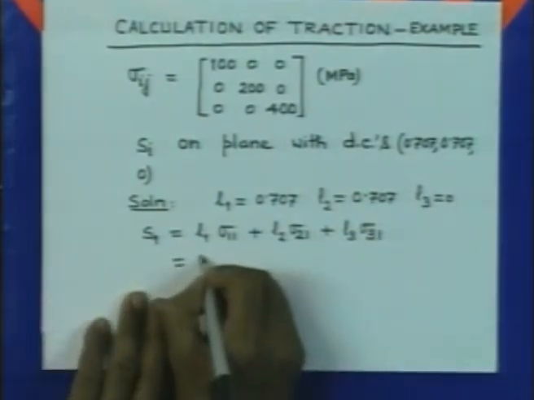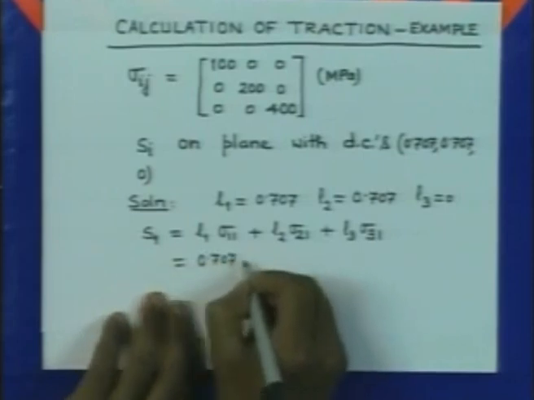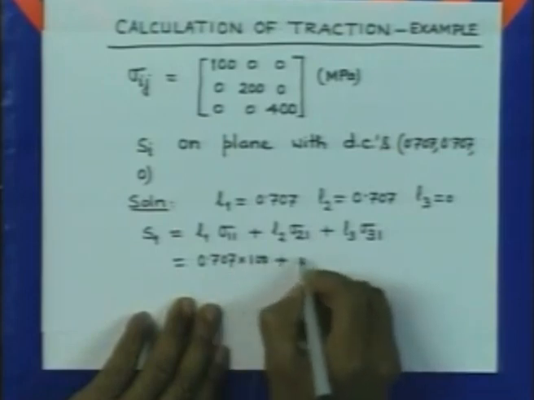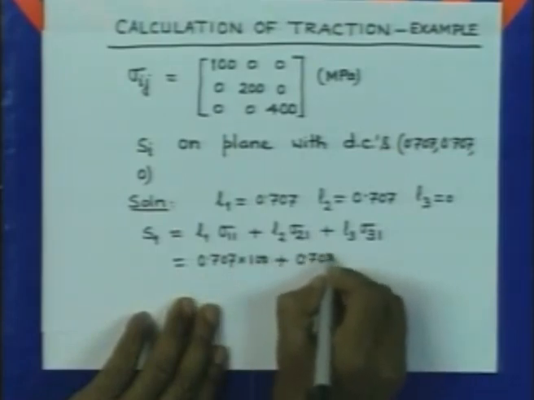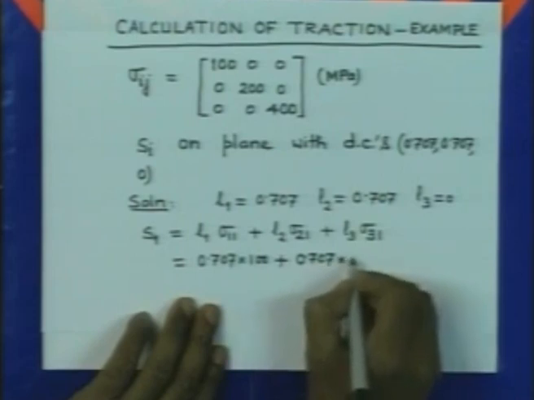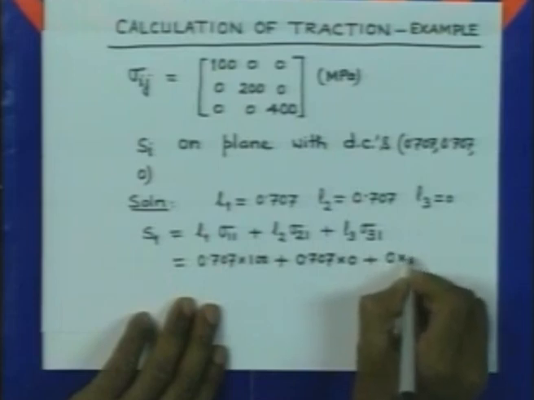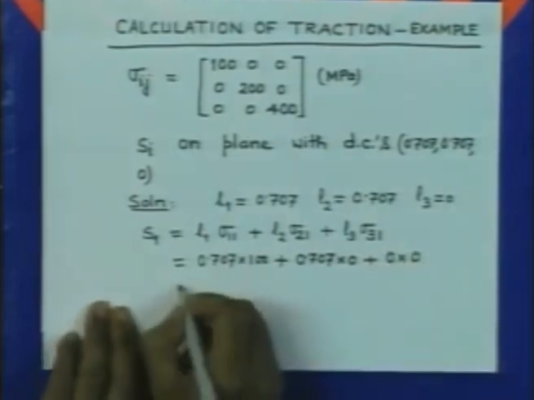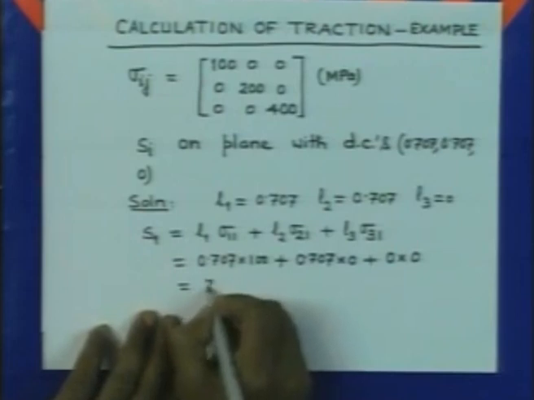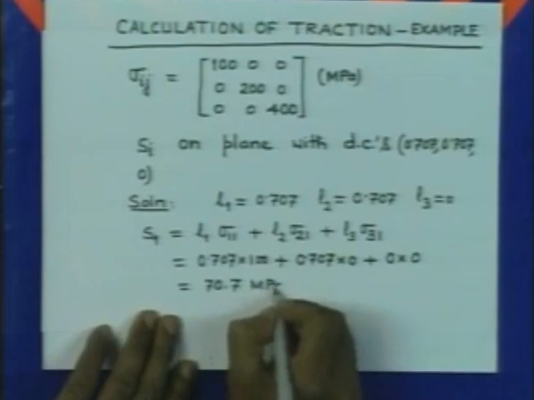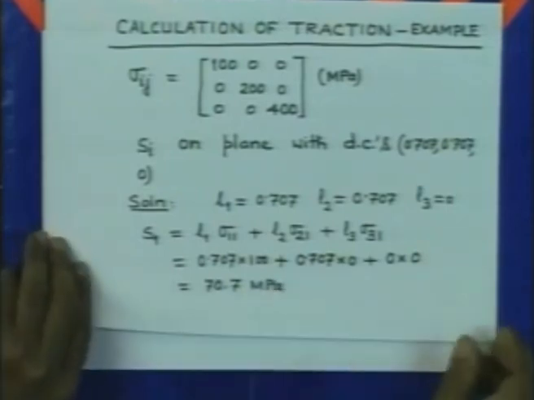Herein L1 is 0.707 and sigma 11 is 100. Then L2 is also 0.707 and sigma 21 is 0, and L3 is 0 and sigma 31 is 0. So it gives us a value like 70.7 MPa. So that's the traction in the direction 1, and it has the same units as the stress.